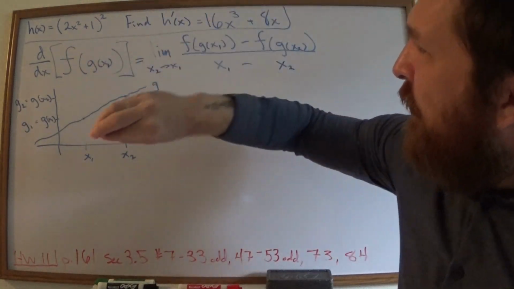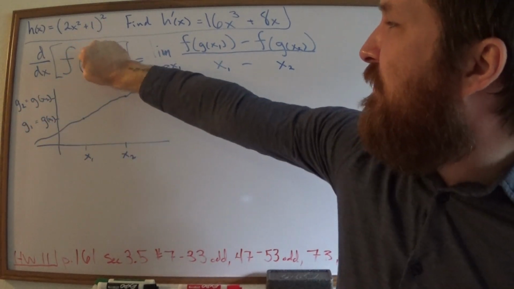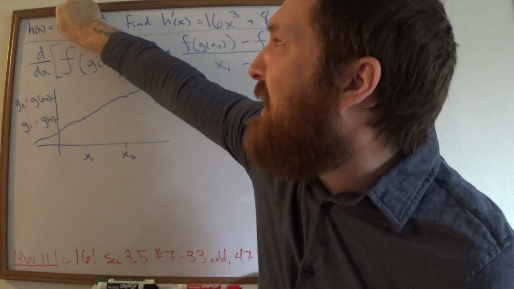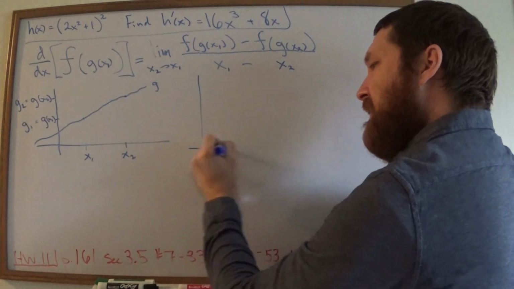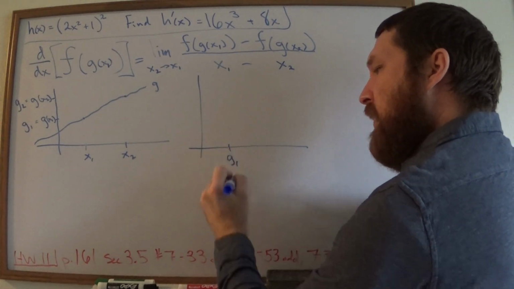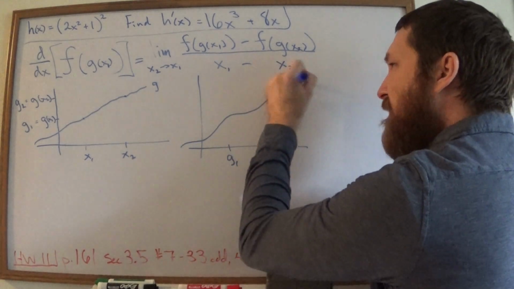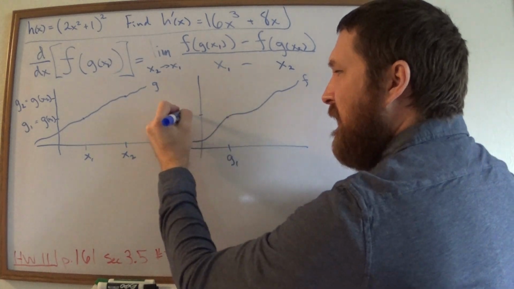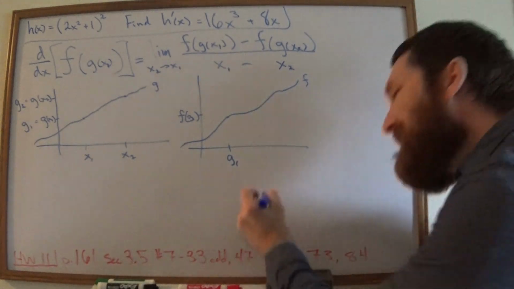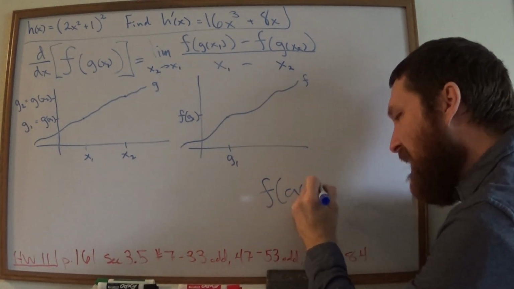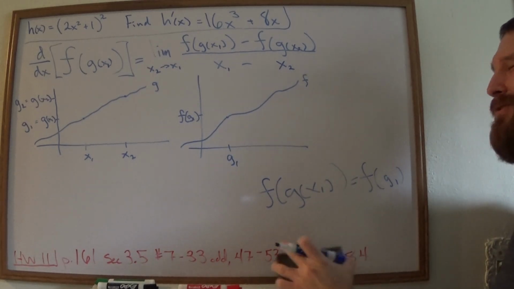Now those outputs go into f. In this case, you would take whatever it is, 9, and square it, and you'd get out an 81. Graphically, you're taking your g1 and plugging it into f, and you're getting f of g1, which is f of g of x1, but we're just calling it g1 because it's going to make things slightly easier.